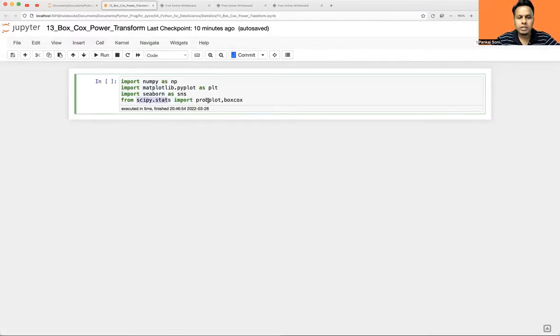We'll be using probplot, which will help you generate a QQ plot from any given data, and boxcox is the function which will provide you the transformed values of any given data, any random data, and the lambda value of that particular data. If you apply that lambda onto the original data, it is going to start following the Gaussian normal distribution. Okay, so let's run this.